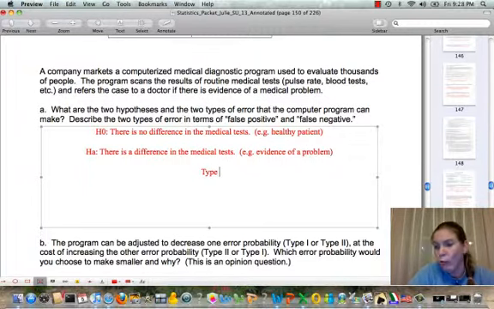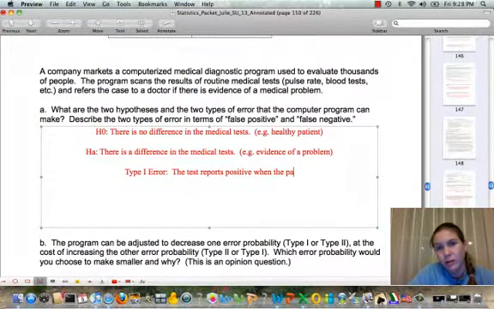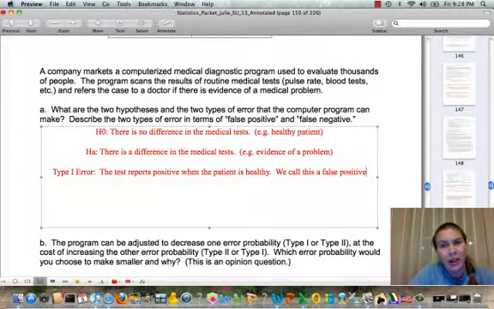So, a type 1 error would be that the test reports positive when the patient is healthy. So we would call this a false positive because it's saying the patient has some evidence of a problem when they don't really.